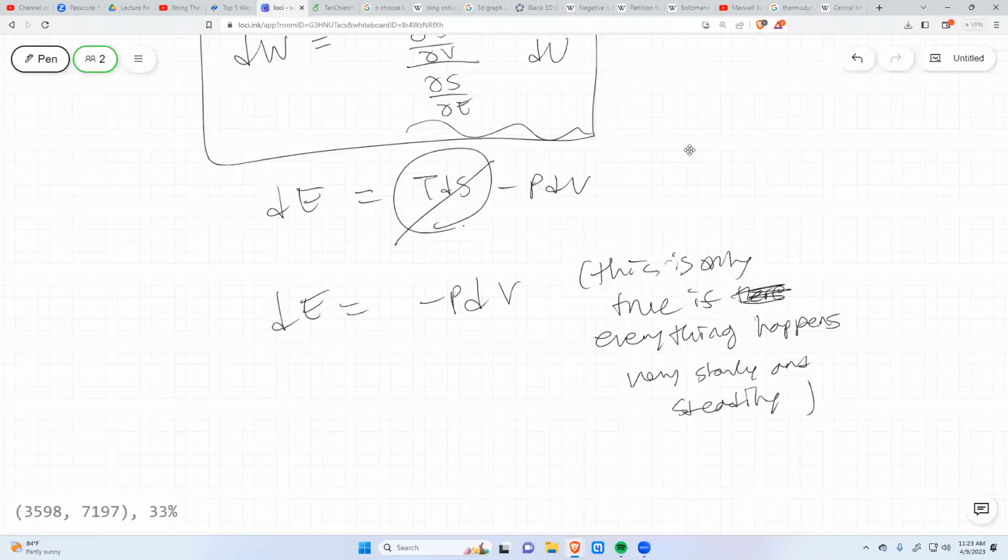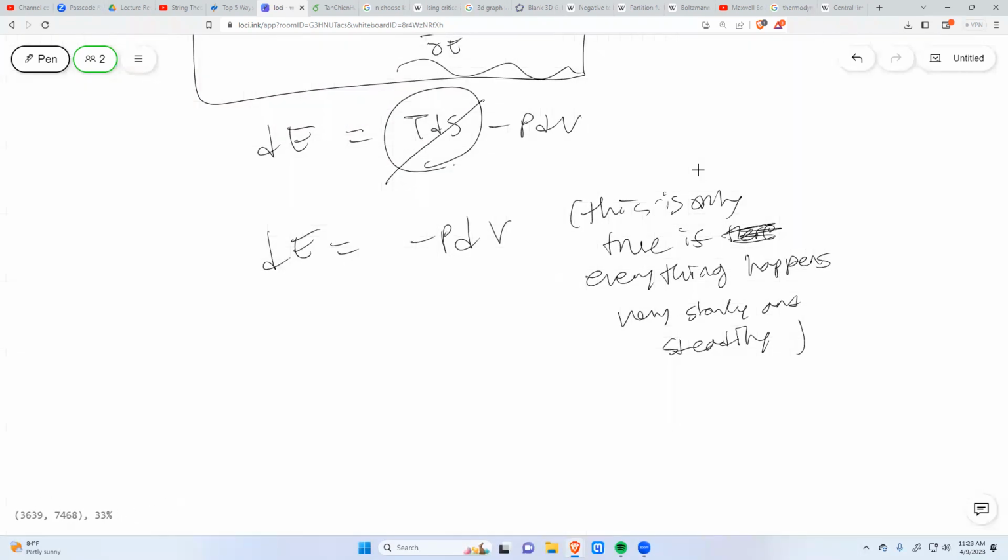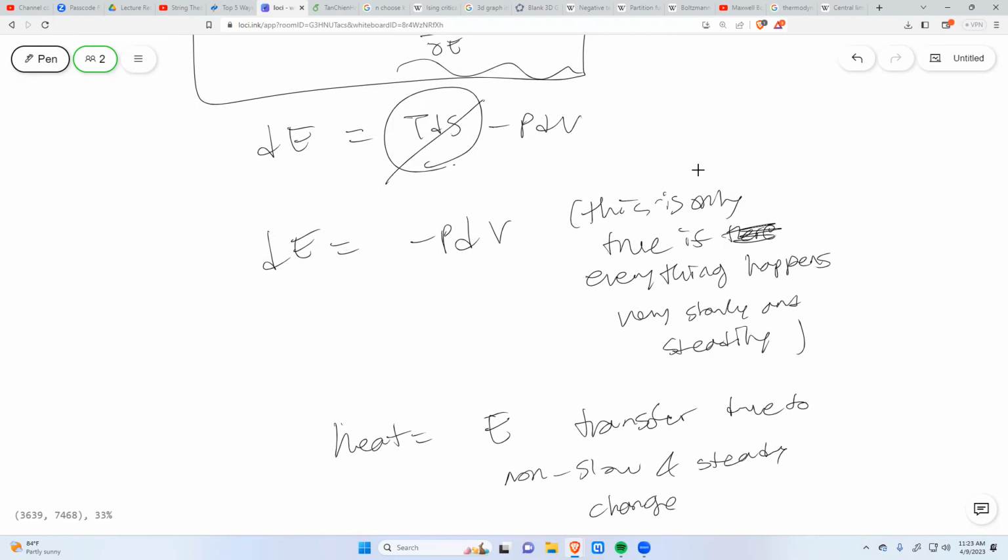So this gives a natural definition of heat as energy transfer due to non-slow and steady change. And we can see that for a quasi-static process, this is just equal to TdS.